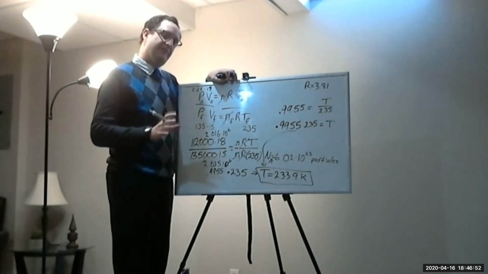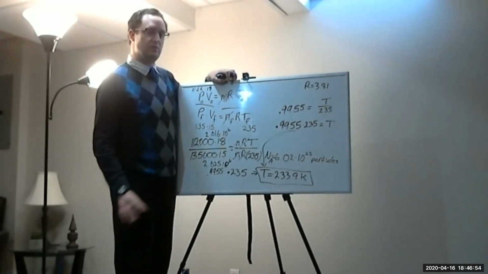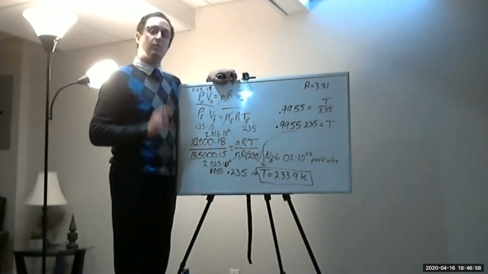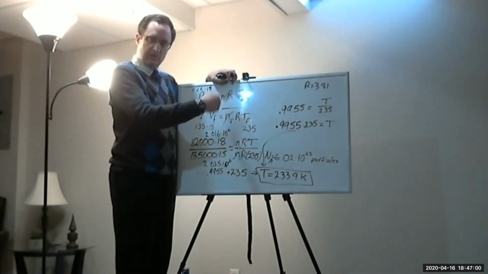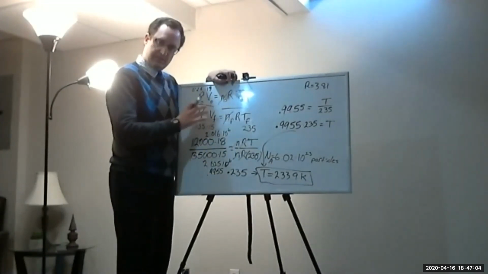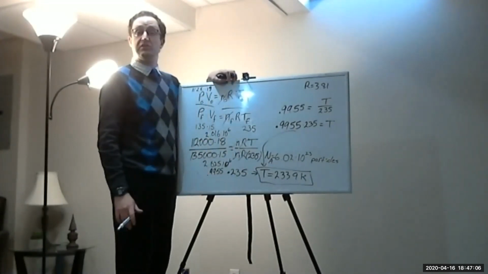If I have a single unknown, I need a single equation. If I've got two equations like this, one for the start and one for the end, I can set up ratios. Questions?